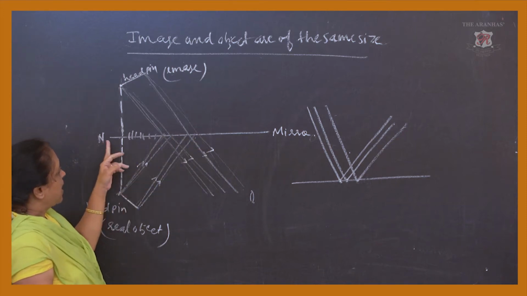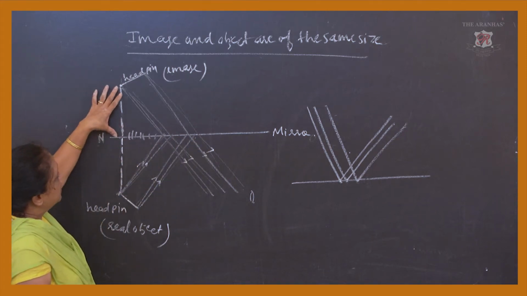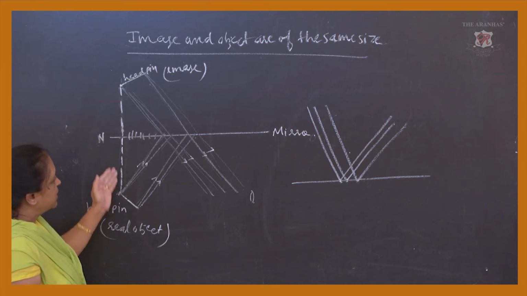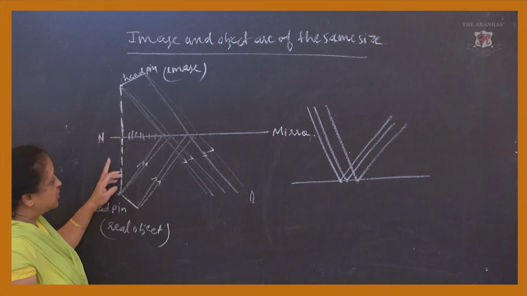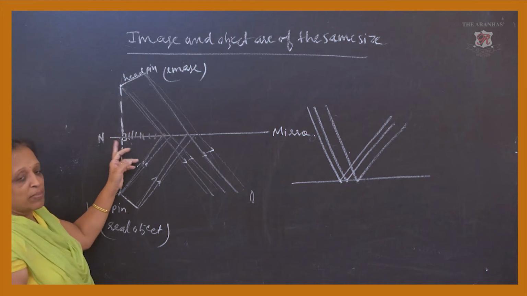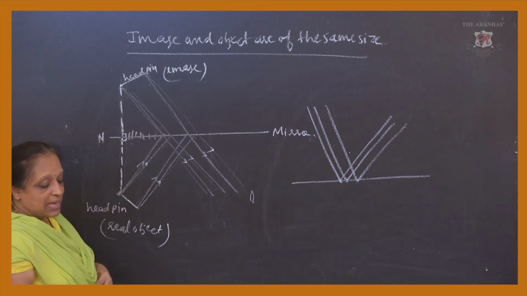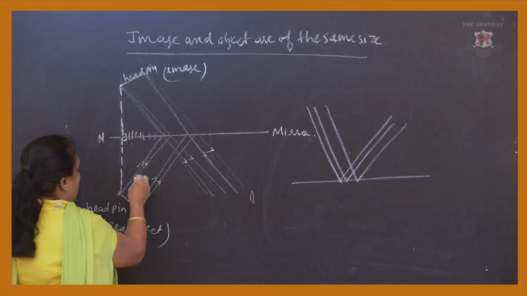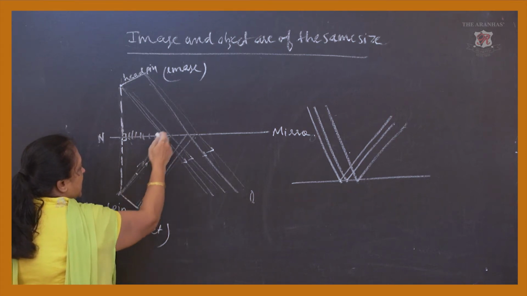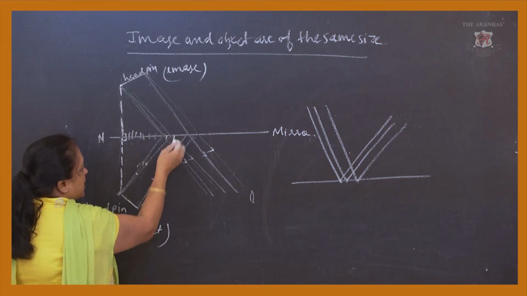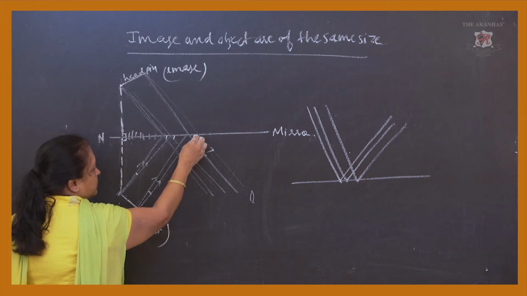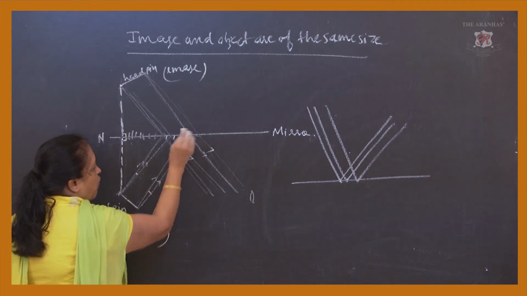This is a plane, and of course this is a normal, because the length from the object to the mirror and from the image to the mirror are equal. So we can say that this is a perpendicular line, so this is a normal. Then you have the angle of incidence, and the same rays get reflected. The same is the case here also, with the angles formed over there.